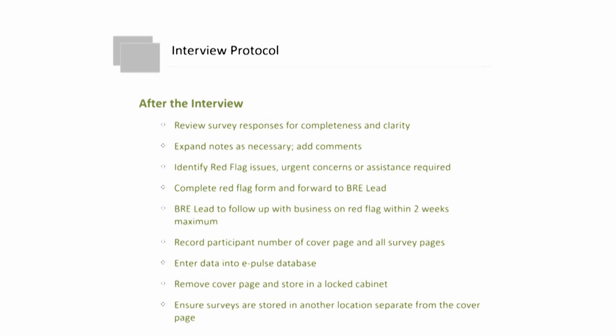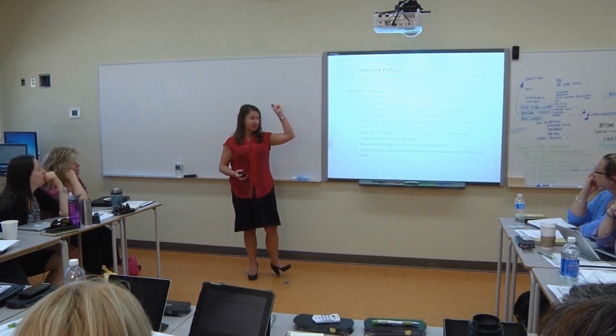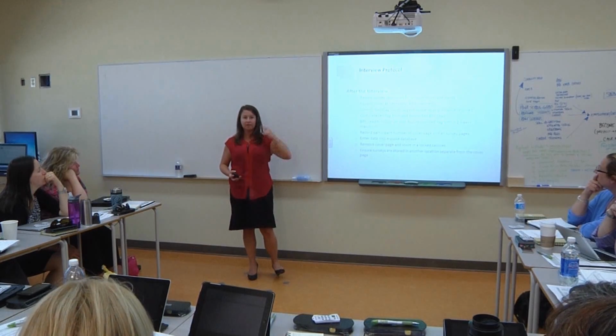Identify the red flag but also green flag issues. So for something that's urgent and you need assistance, I would get into the habit of generating that action item right there, right away. This business is having a serious issue, and pop it up to that BRE lead and get that responded to.